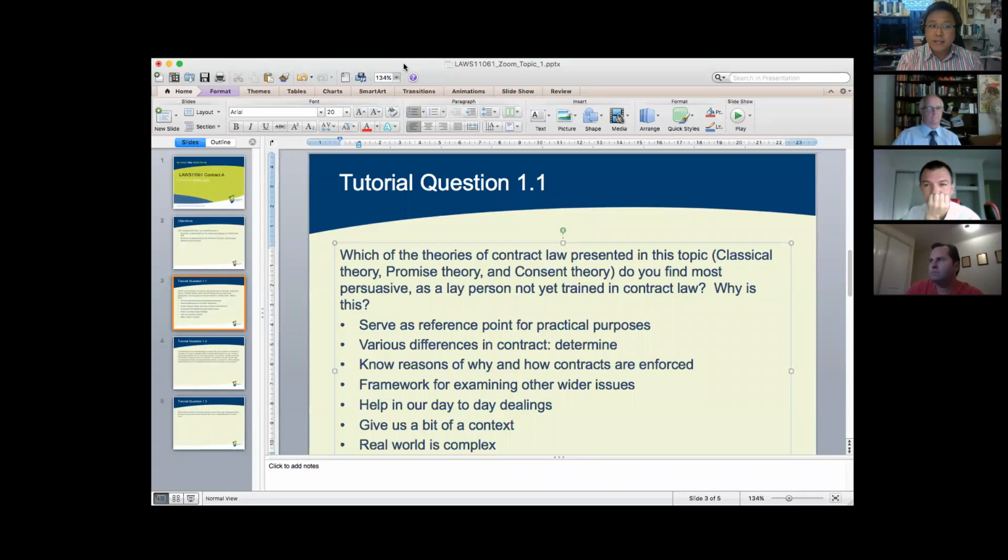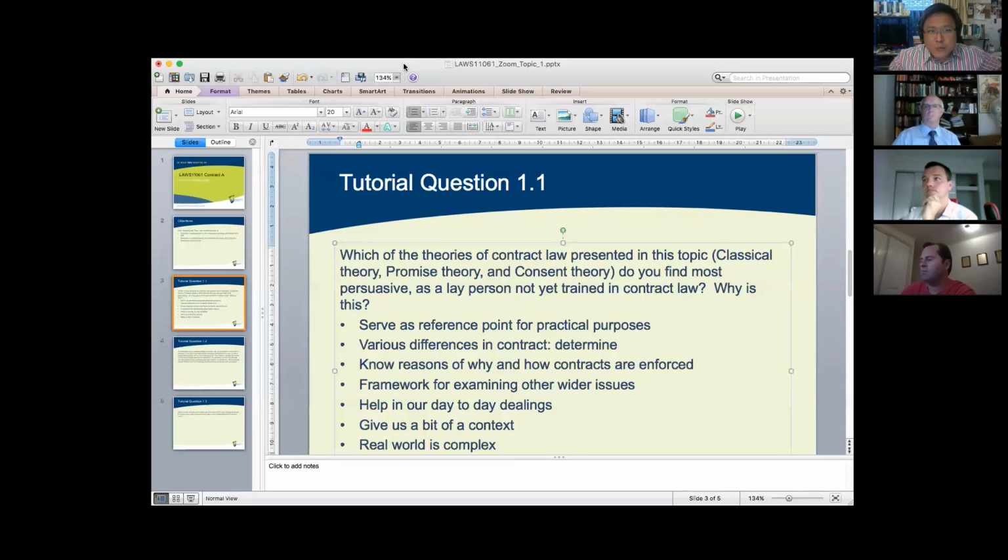When you look at classical theory, promise theory or consent theory, you see core principles that allow us to better understand why judges make decisions in certain ways. Because there is an underlying assumption, an underlying framework, for addressing certain complex facts or issues.